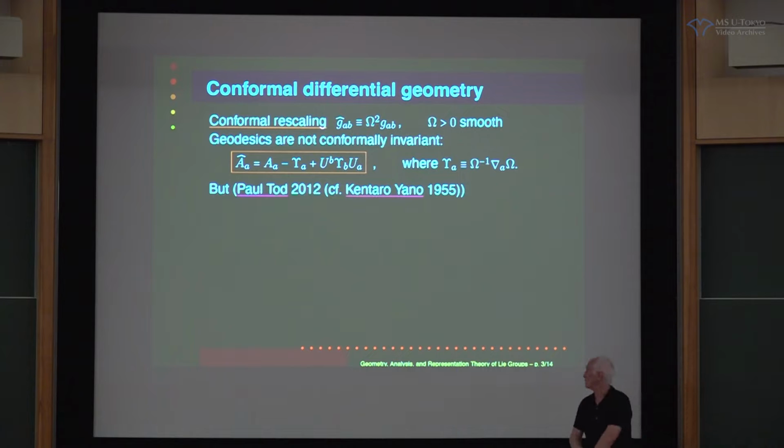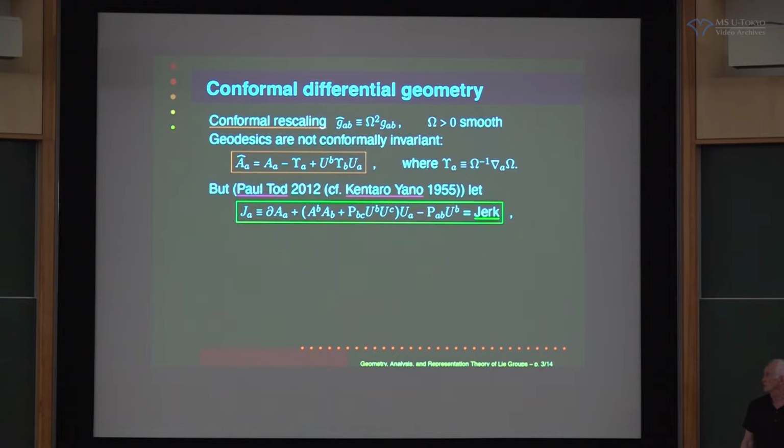Before I give you any more formulae, I'll tell you that the definition that Yano gives in 1955 gives you curves on a conformal manifold with preferred parameterizations. The formulation of Paul Todd gives you curves, but without the parameterization. So let me now describe how that goes.